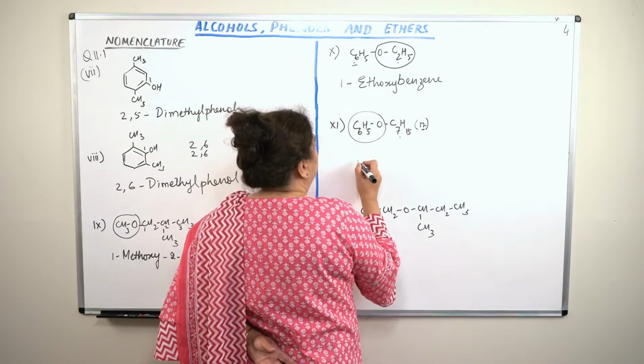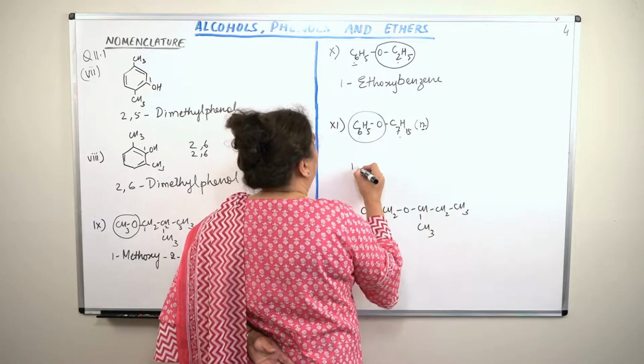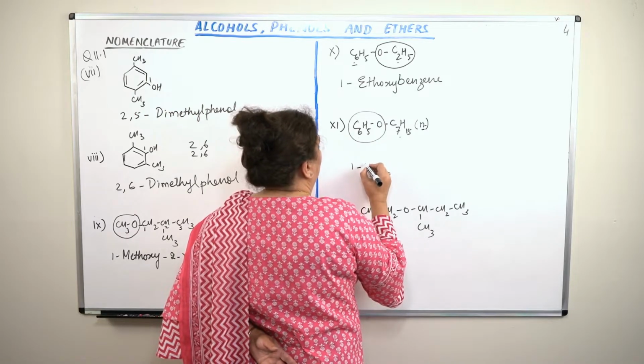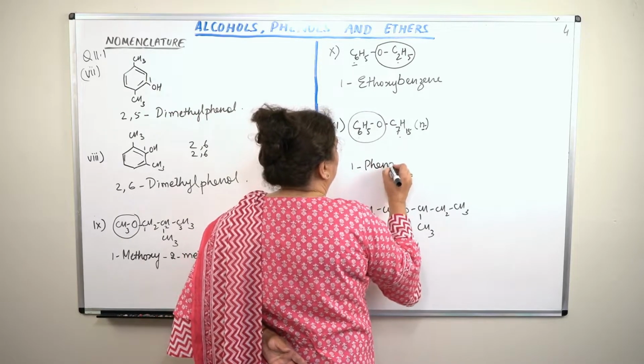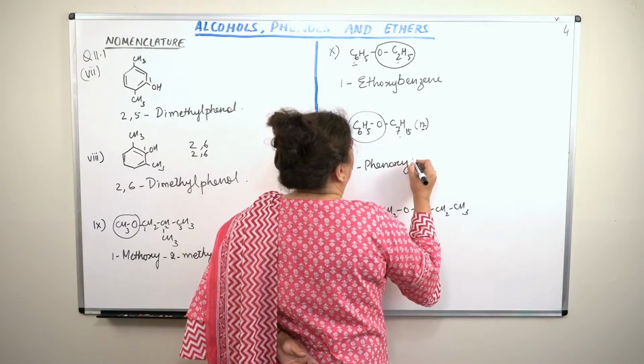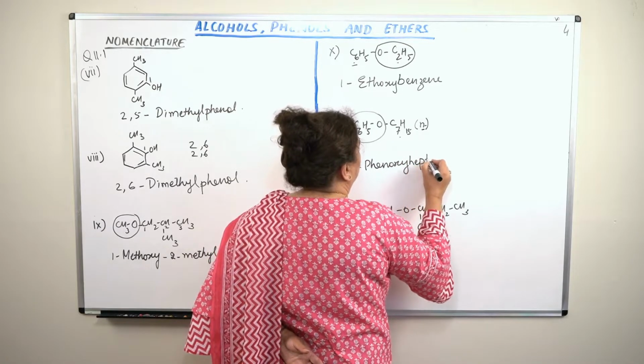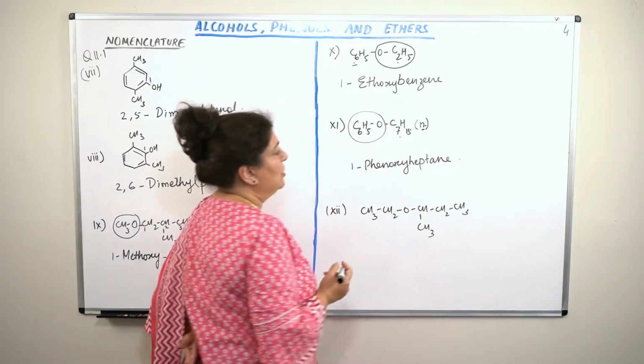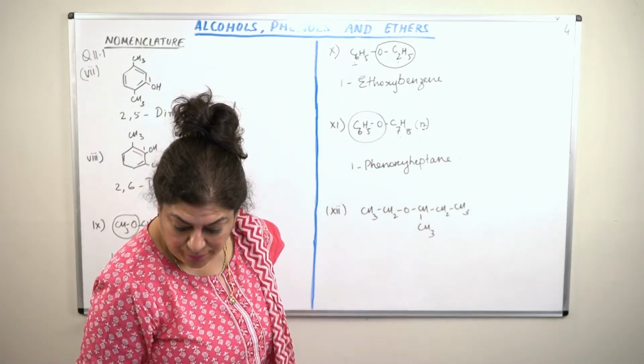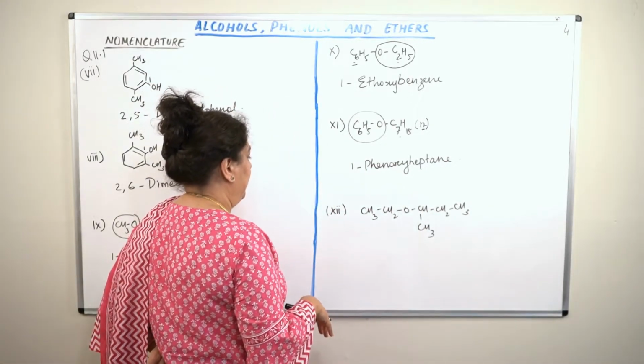So I write that it is 1, since it's normal, I'll call it 1-phenoxy heptane. Let me just make sure 1-phenoxy heptane is the right name.